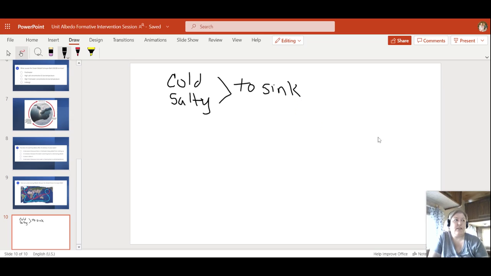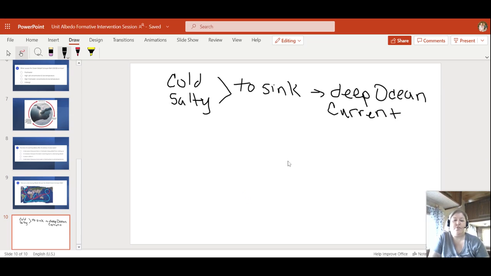And without that sinking water, you're not going to get that deep ocean conveyor belt. You're not going to get the deep ocean currents. So that leads to the deep ocean current.